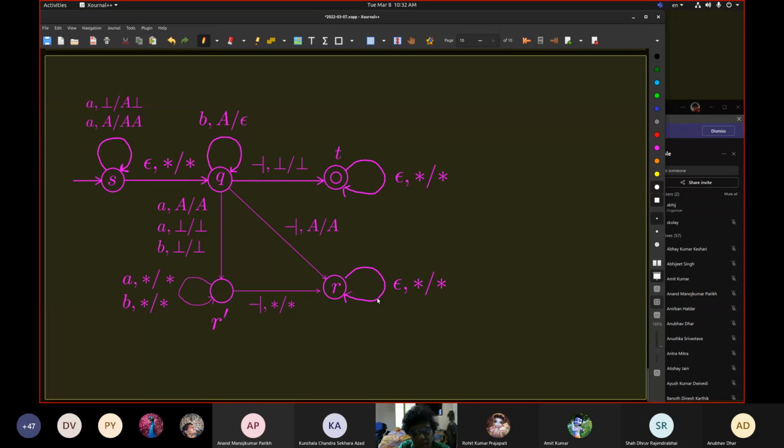Now if I call this the reject state and this the accept state, then this machine will accept precisely the complement of L. Okay. So this is just an example, but this can be made to work in all cases. And that involves some intricate details, which I would like to avoid for the sake of time.